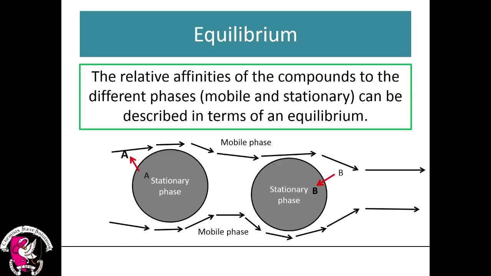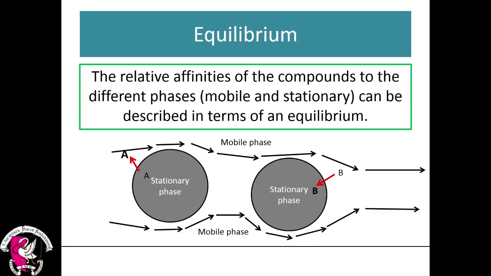The relative affinities of these compounds to the different phases, we can describe as an equilibrium. So say we were looking at A, and A moved far up our TLC plate, which means that it had a high affinity for the mobile phase. What that means is it's in equilibrium between the stationary phase and the mobile phase, but the position of the equilibrium for A is in the mobile phase. It's not only bonded to the mobile phase, but the vast majority of those particles will be in the mobile phase.